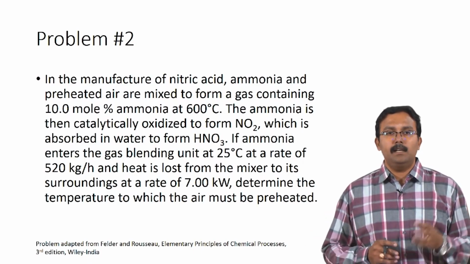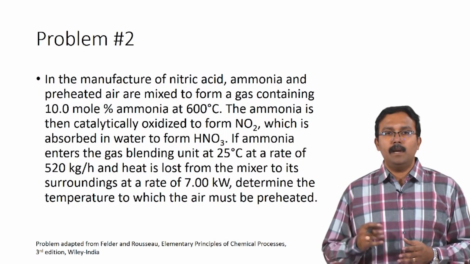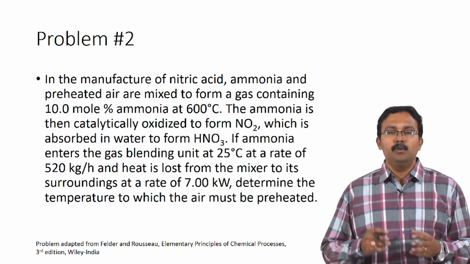With these things in mind, let us first convert 520 kilograms of ammonia per hour to moles of ammonia per second. So, this would be 520 kilograms per hour, using the molecular weight of ammonia, which is 17 grams per mole.